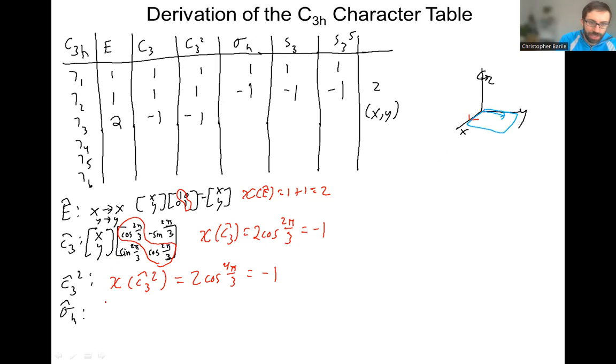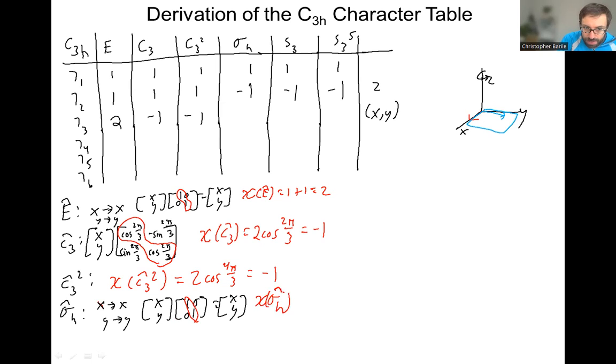And so they're not going to change, right? And so what we're going to get is the identity matrix again. X goes to x, y goes to y, and we know what happens there. We get the same identity matrix. And so we're going to get a character equal to 2. Chi of sigma h is equal to 1 plus 1 equals 2, sum across the diagonals. So I can put a 2 up here.